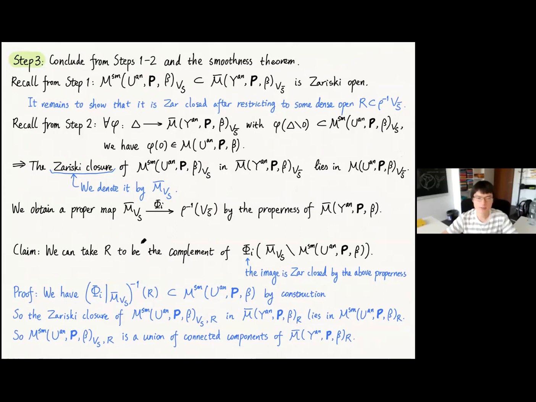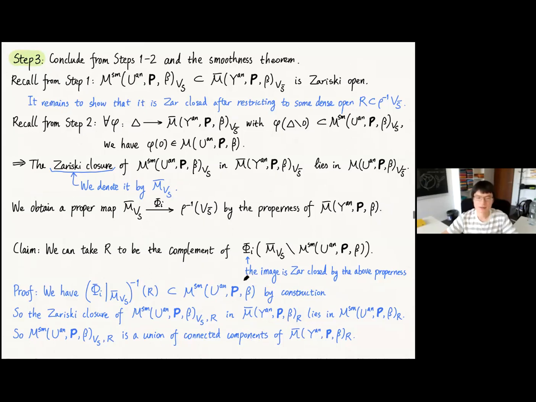It's just by the fact that this is a Zariski closure. So this implies immediately what we want, that M smooth restricted to Vs and R is a union of connected components of M bar restricted to R.